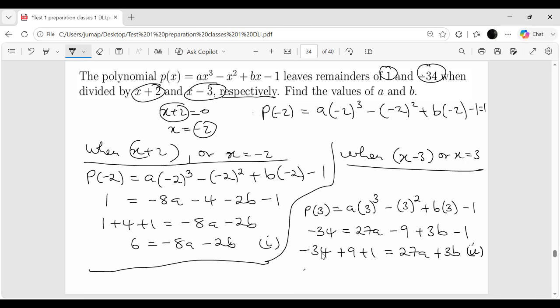So it's going to be negative 34 plus 9, that is negative 25, plus 1 to be negative 24, is equal to 27a plus 3b, and this becomes my equation 2. Okay, are we together?